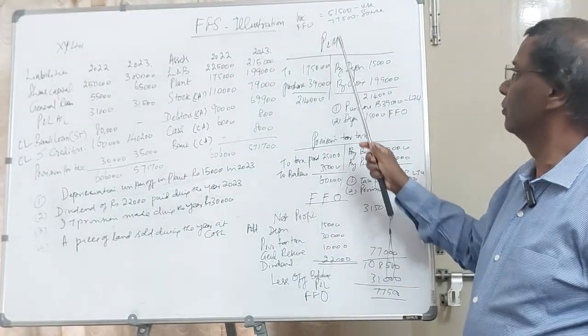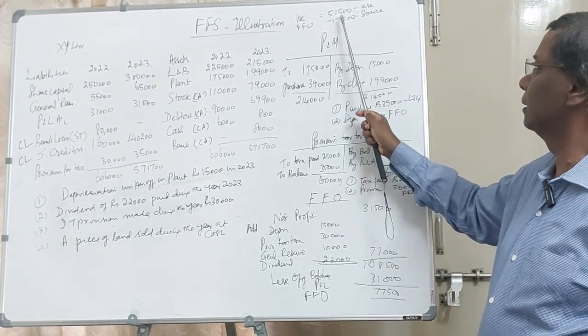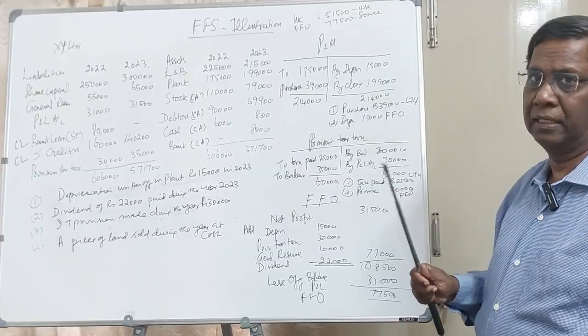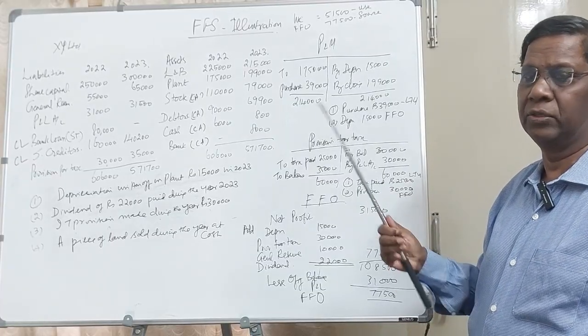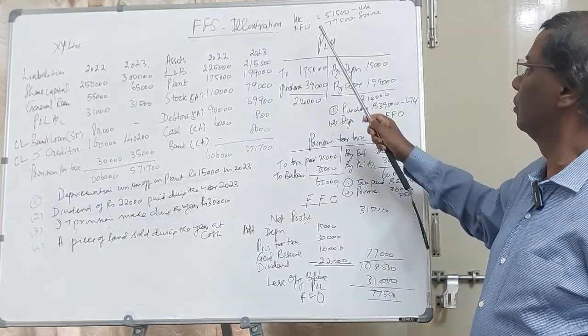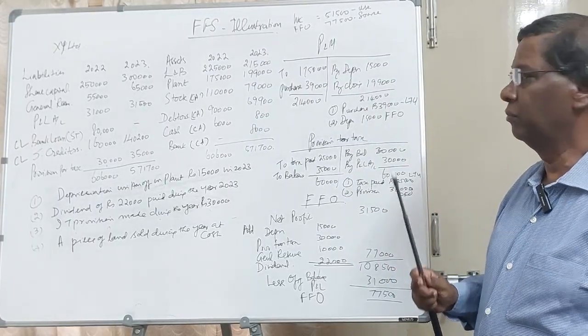Now we have seen the working capital changes: 51,500 is a use because of the increase in working capital. Decrease means source. So now we have to find out funds from operations.